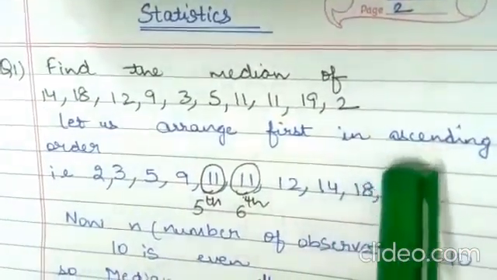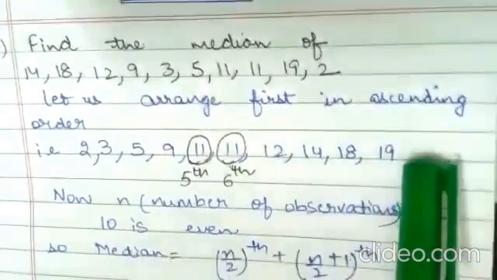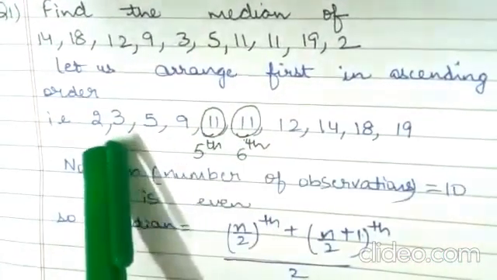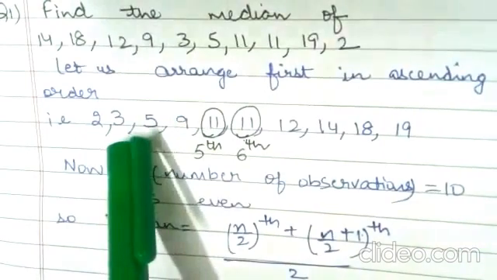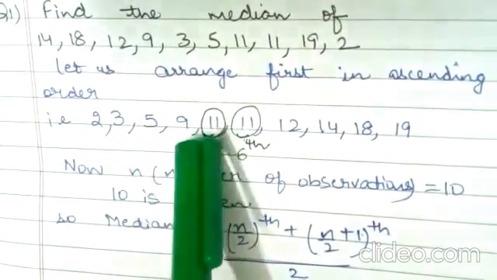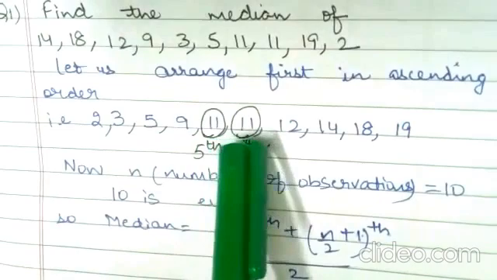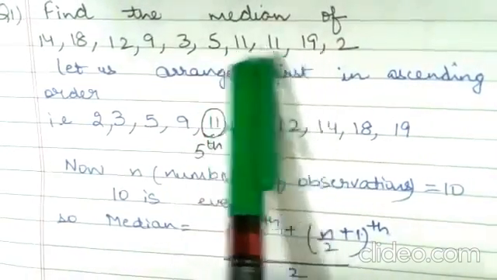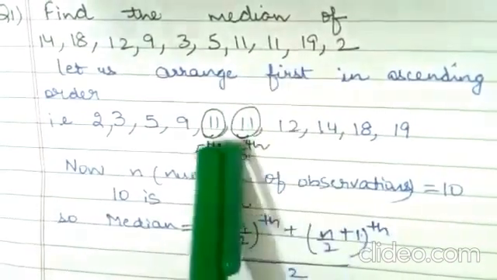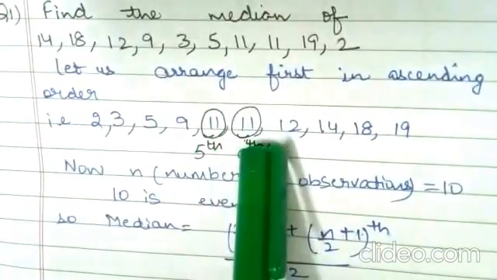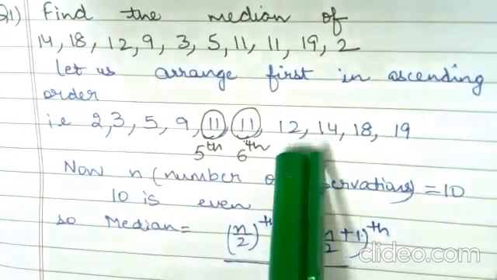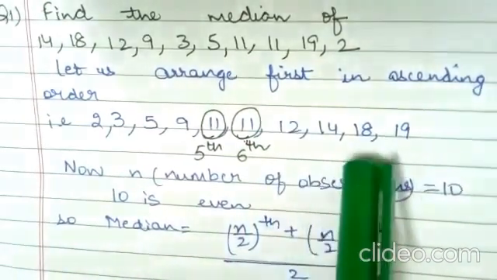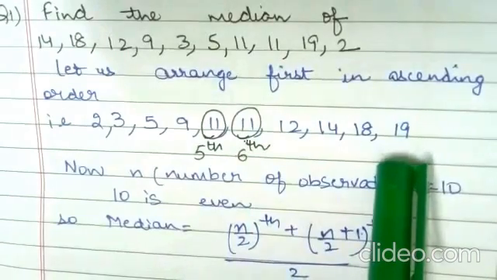So on arranging it in ascending order, we get 2, 3, 5, 9, 11, again 11. If some observations are repeating, we will also repeat them in the ascending or descending order. Then 12, 14, 18 and 19.